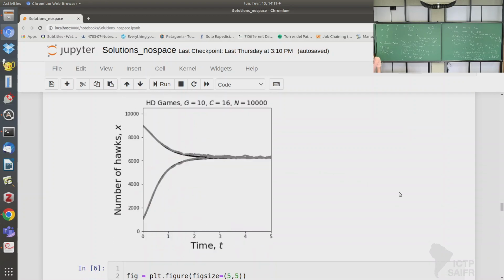And with n equal 10,000, which I think takes about 15 minutes to run, the stochastic trajectories are very close to the average. So this is a numerical proof that the stochastic system is equal to the deterministic one. I gave you the analytical proof the other time.